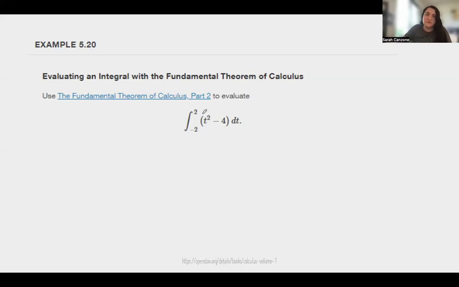So what we're going to do is compute the antiderivative first, and then we'll plug in the bounds after. So I'm going to say that this is equal to, first, let's do the antiderivative. What we remember about computing antiderivatives of just regular power functions is: up a power, divide by that power. All right, so let's go ahead and do this example.